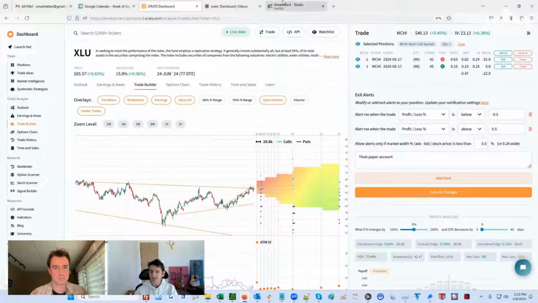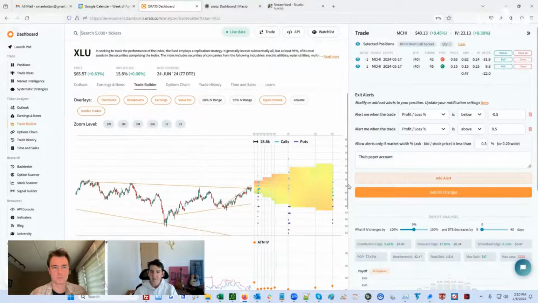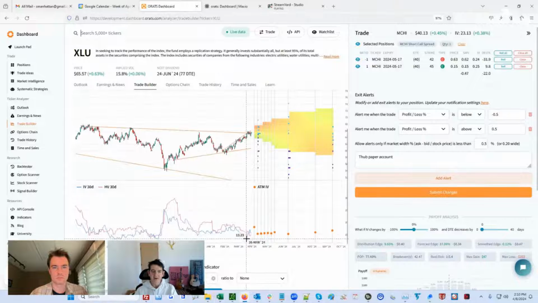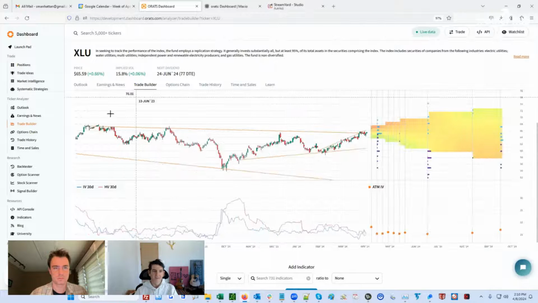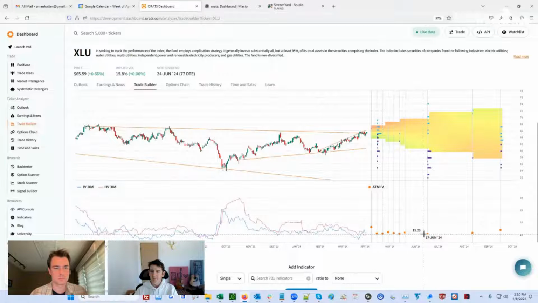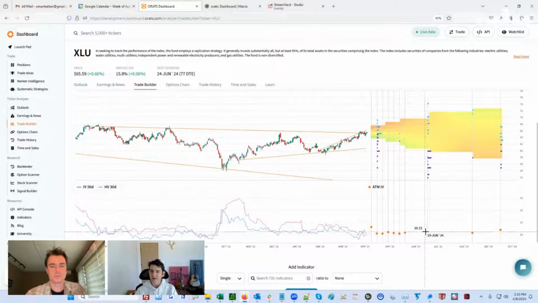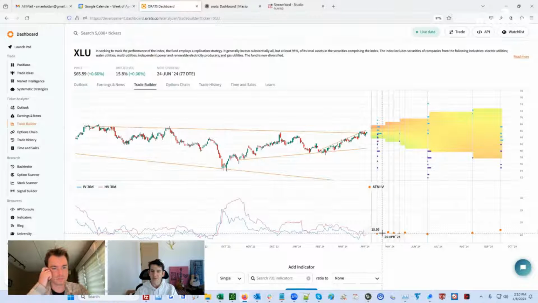So XLU is not like MCHI. It's pretty much fairly valued, so I don't want to be selling a lot of vol. The trade that I'm thinking about for this is buying an out of the money and selling one that is closer to the money, and buying the one that's farther away from the money.